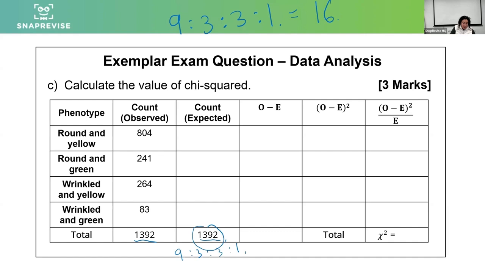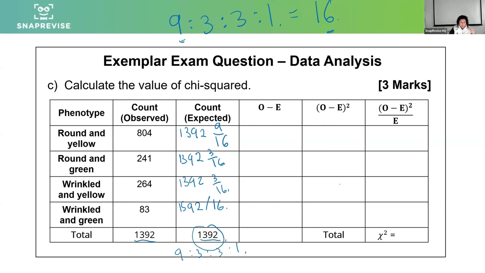That I'm going to have the 9 bit of the ratio, 1,392 times 9/16, right? 9 out of the 16 possible, out of the 16 total ratios. Then I'm going to have 1,392 times 3/16 twice because it's 3, 3. And finally, 1,392 divided by 16.